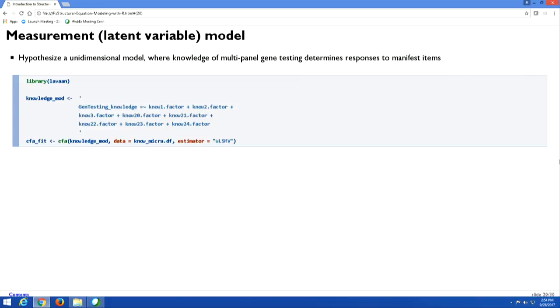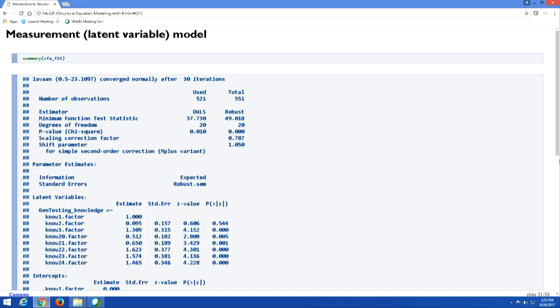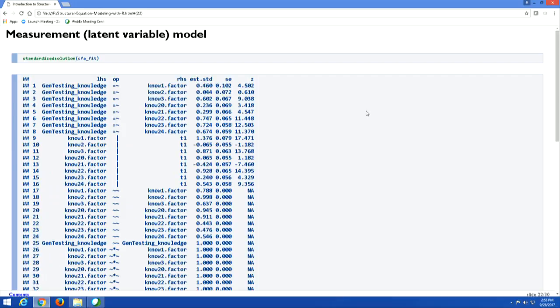And in this case, because these are binary variables, correct, incorrect responses, I'm using the weighted least squares with a mean and variance adjusted estimator, which is a weighted least squares with robust standard errors, essentially. And so I'm adjusting for the fact that these are non-normal data. So we actually get a lot of output here because there's a lot of things going on.